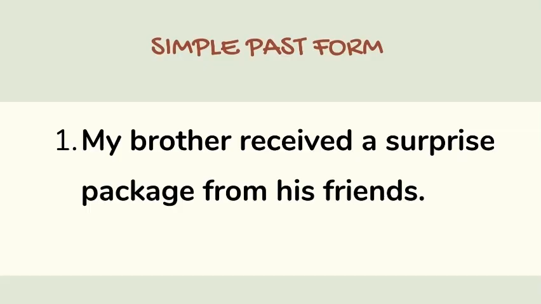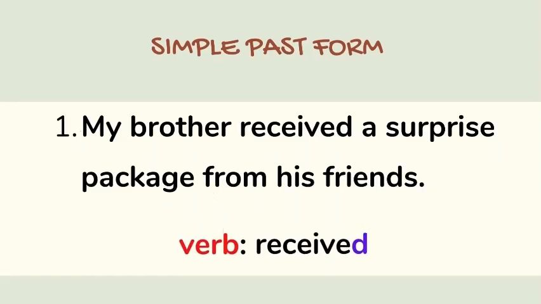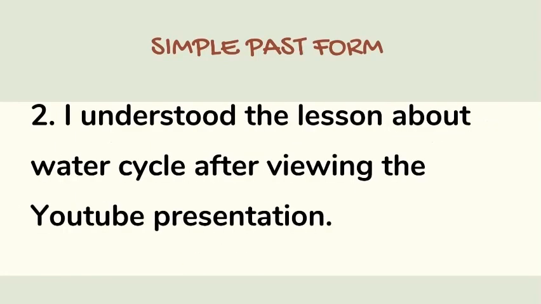Let us have here sentence samples. My brother received a surprise package from his friends. So for our verb here, we have received. Notice that our verb here changes its past form by adding D only at the end.